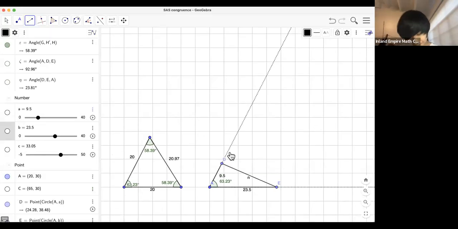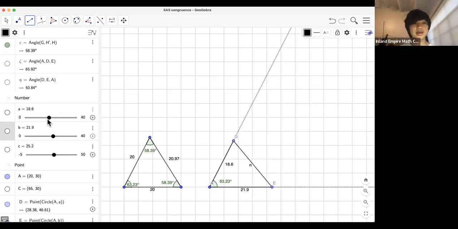Okay, so now we will move on to side, angle, side. We'll put this in the chat for reference. So this is the first type of triangle congruence that we can see here. And this sets the tone for the rest of our proofs or our ideas about congruence, because if there's only one possible triangle you can create using this information, then that means that this is a way to create two congruent triangles.